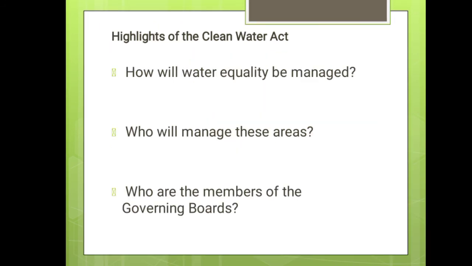Next is, let's discuss the highlights of this Clean Water Act. How will water quality be managed? Ima-manage ito based on watershed, river basin, or water resources region. Watershed management nag-i-aim na makonserve ang soil, plant, and water resource of a catchment while benefiting humanity.